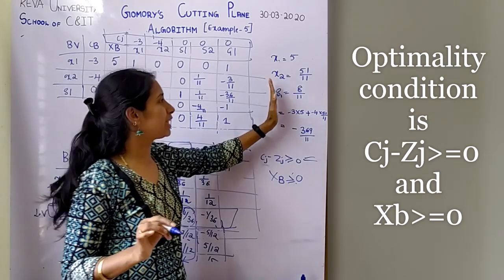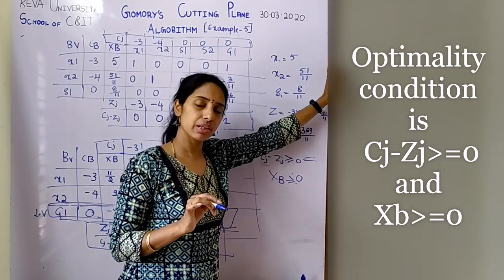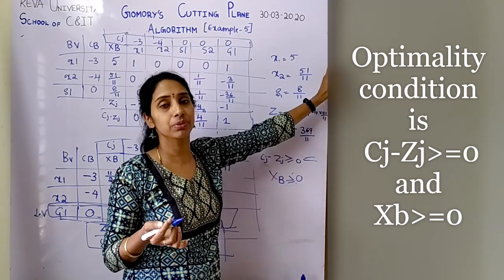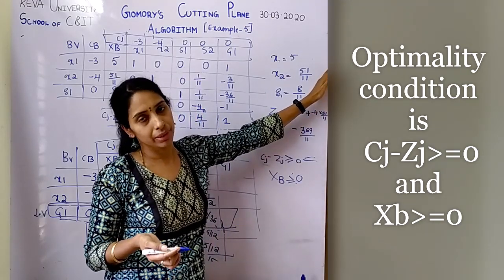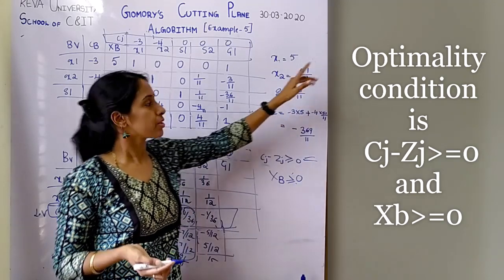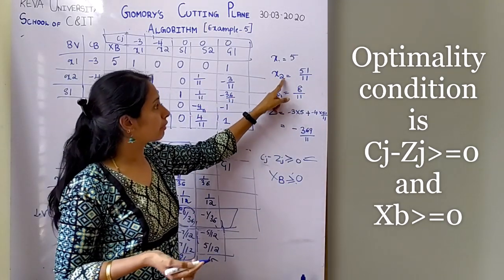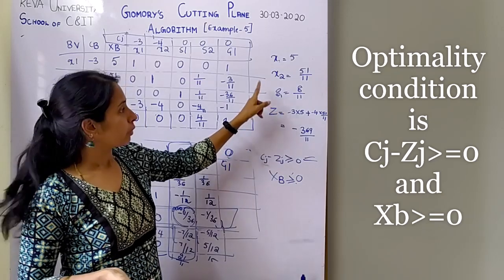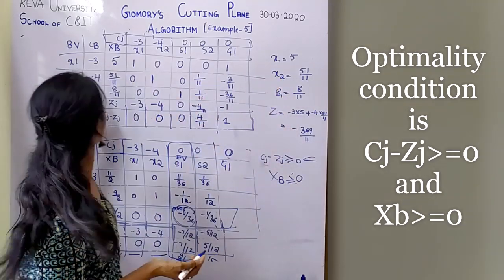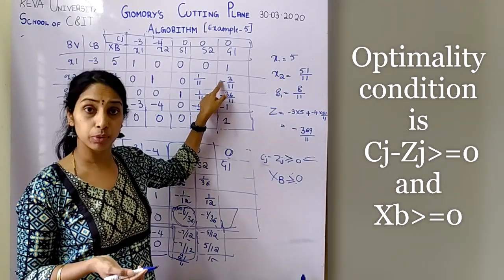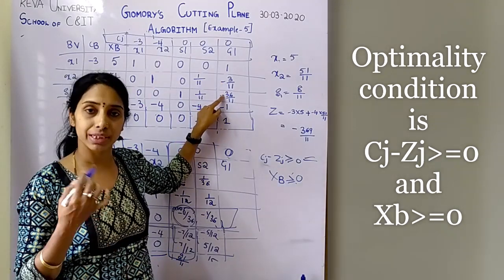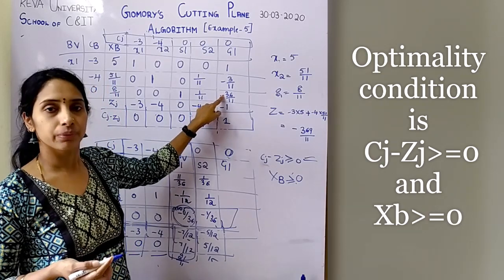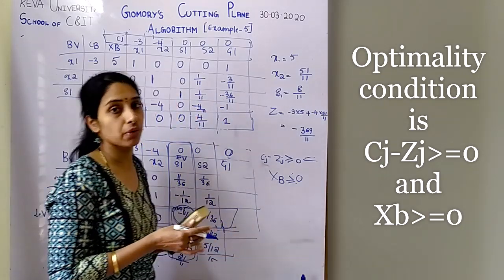Again, to cut the fractional part of this one, we have to use the Gomory's cutting plane algorithm again. Since we have here x2 and s1, whether to select the x2 row or the s1 row to generate the Gomory constraint, we have to use the formula.